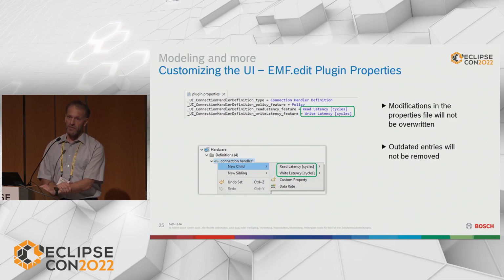If you override some of the generated things, it will stay. The generator will not overwrite it anymore, but it will also not delete old values, so it's a good idea from time to time to remove outdated entries. But in general, it's a very easy way to give some hints to your users, like in that case, that the latency should be entered in terms of computing cycles here.